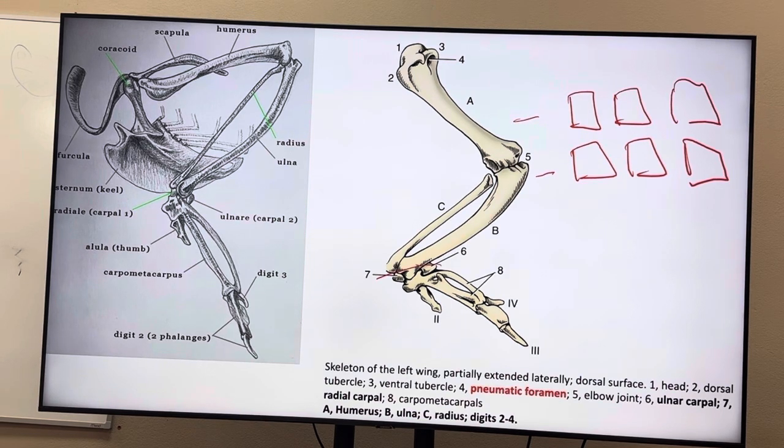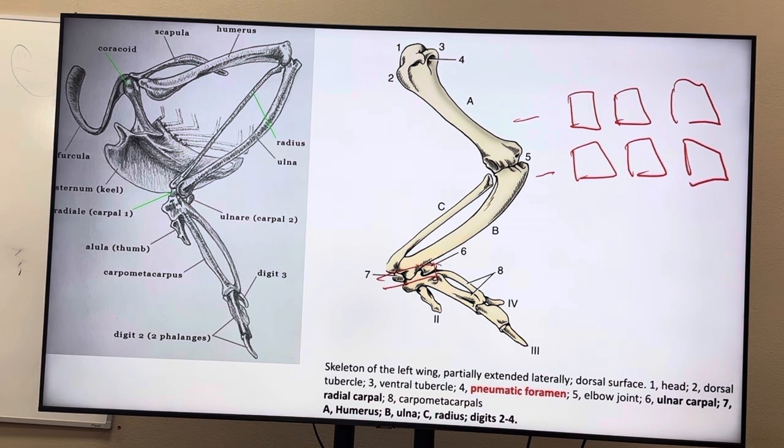Here, the carpus is between which bones? The radius, ulna, and metacarpus. Okay.